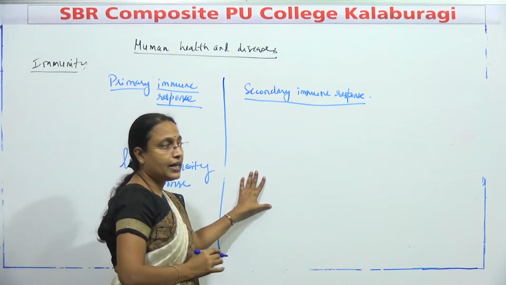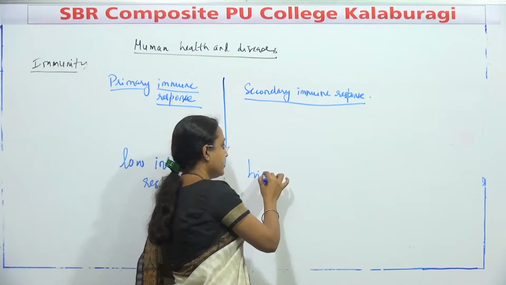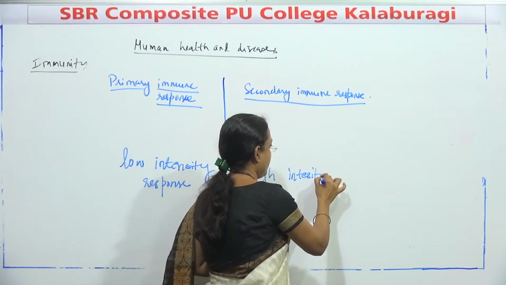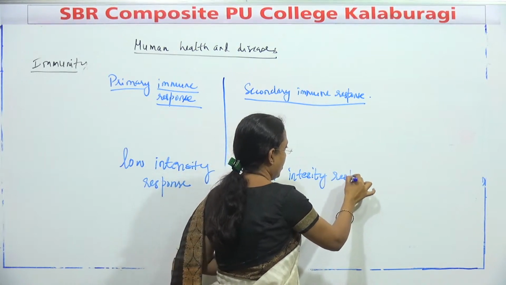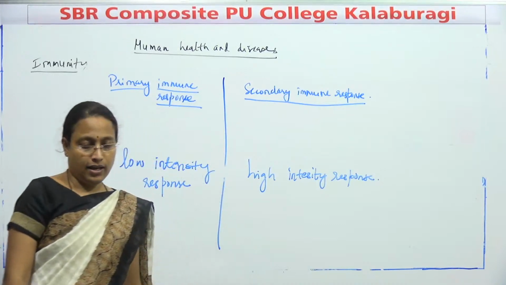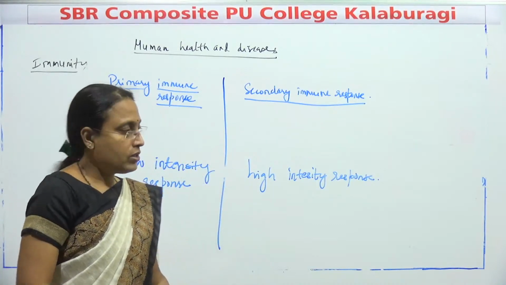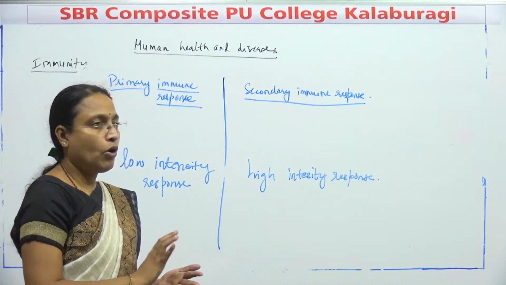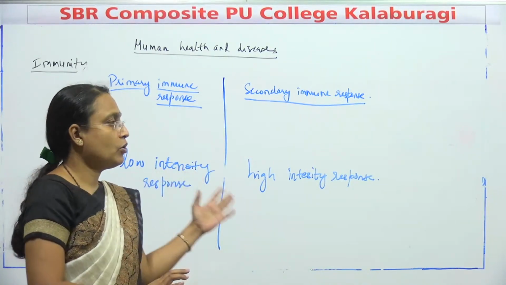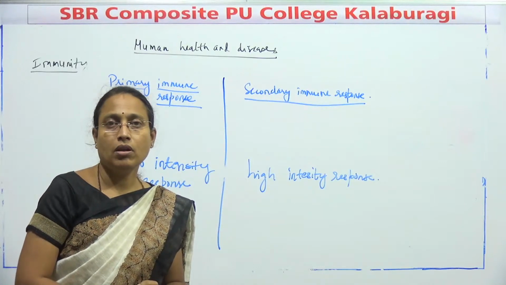But this one is definitely a high intensity response. So these are the main points that show the difference between primary immune response and secondary immune response.